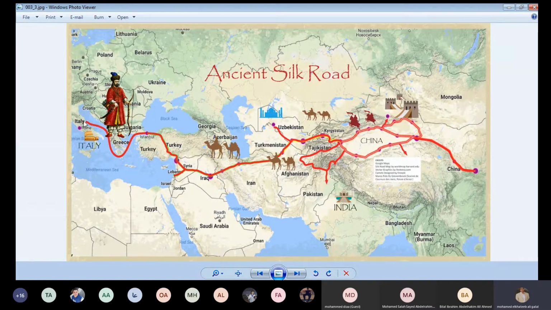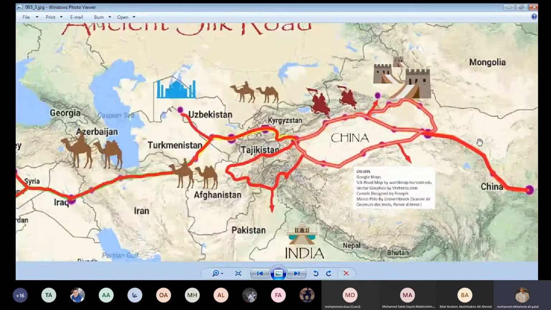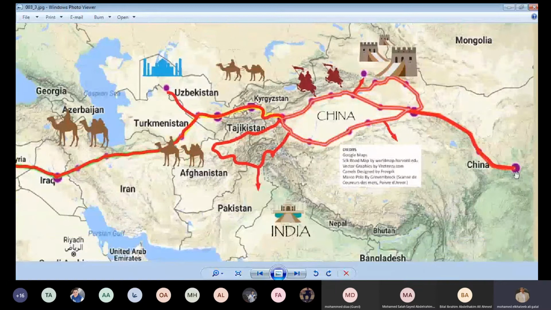If you notice, the Europeans, especially Italy, not all of the European countries, especially Italy, was getting control of this Silk Road. But if I zoom in a little bit, you're going to see a lot of violet dots. What are these dots?